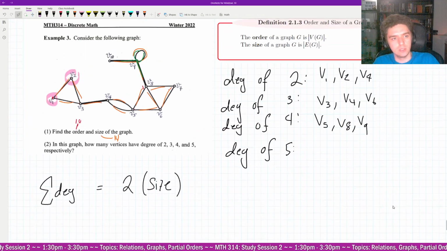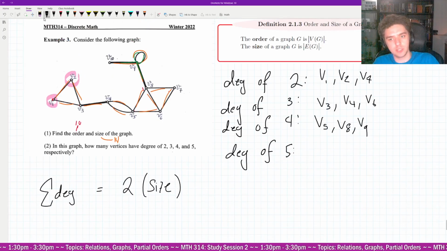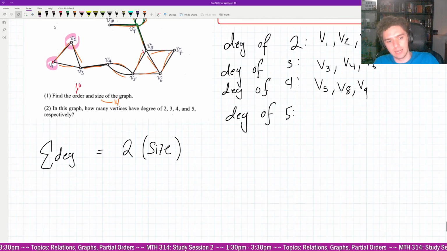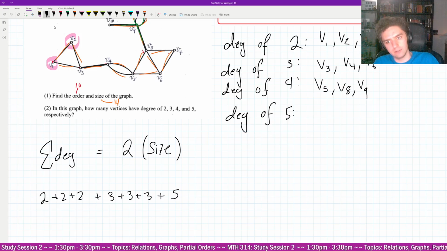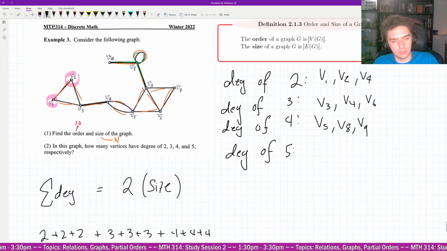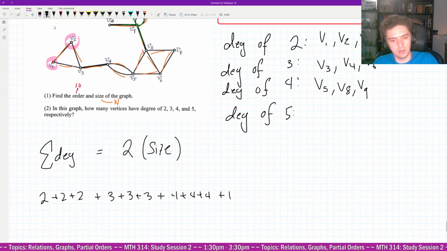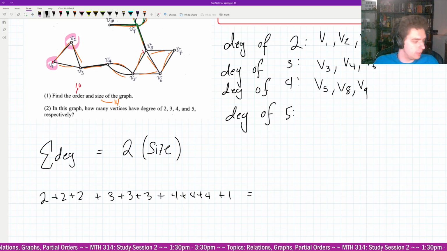So the sum of the degrees would be 2 plus 2 plus 2 plus 3 plus 3 plus 3 plus 4 plus 4 plus 4 plus 1, right? Plus 1, which I didn't include there. And then add that together.